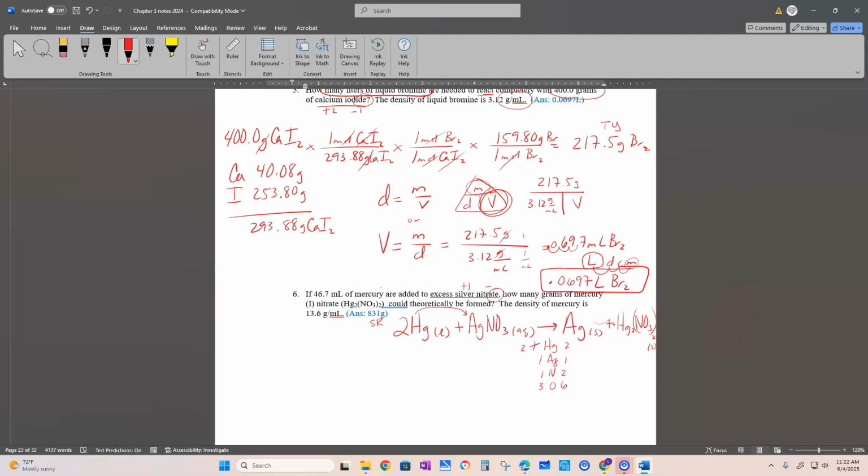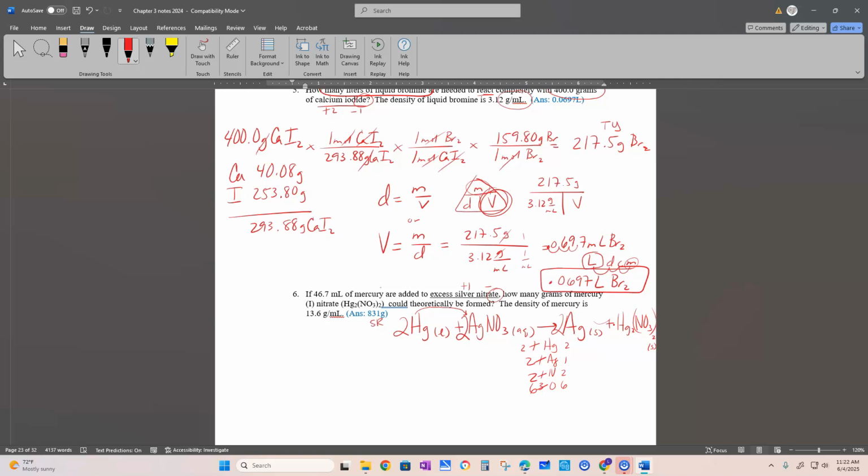And now we just need to fix the nitrogen and oxygen. So it looks like I need some assistance on this reactant. So I'm going to put a 2 here, which means now silver is 2, nitrogen is 2, and oxygen is 6. And it looks like I just need to help out my silver. So I'm going to put a 2 in front of that Ag, and we should be good to go.